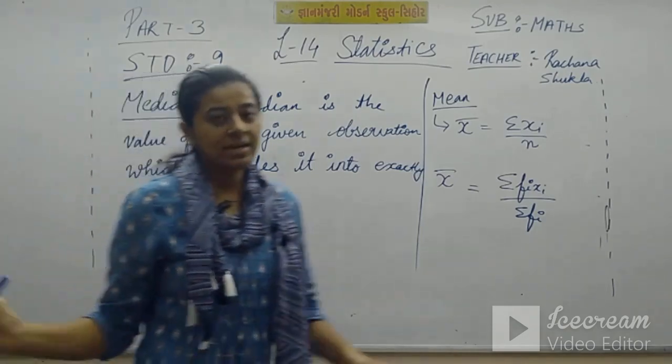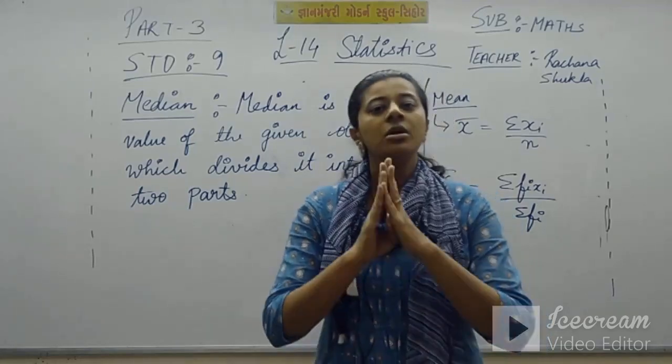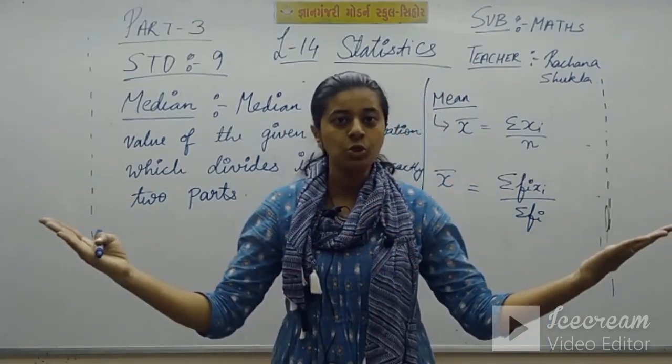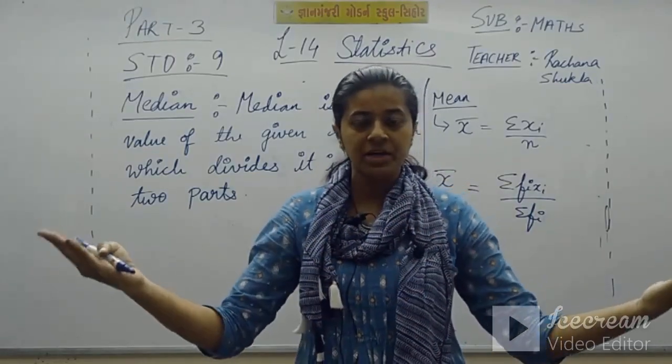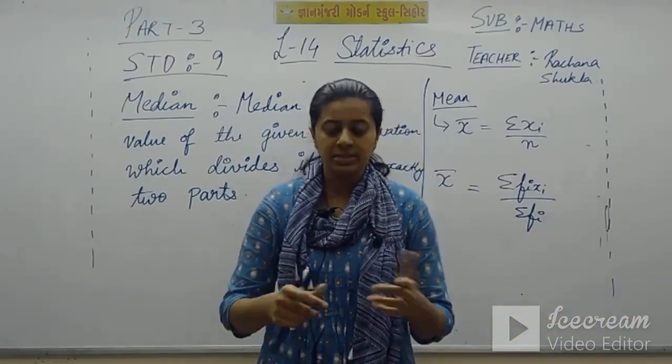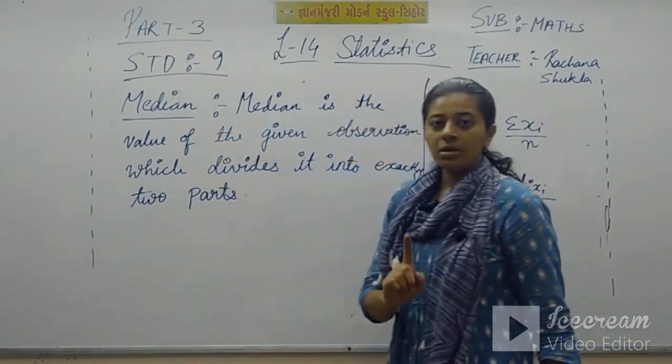So, median means exactly the middle term of the observation which divides the data in two parts. Exactly the middle term, and the data is divided into two same parts. That term is known as the median of the data.